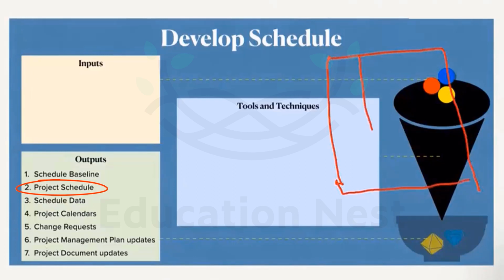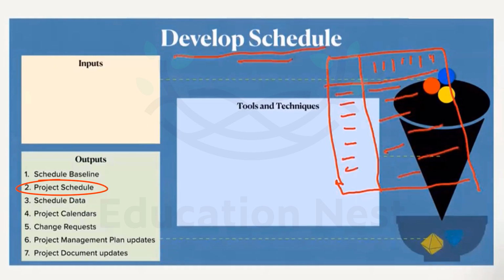So on the left side, you have the list of activities, and then in the other columns, we have months, January, February, March, something like this. And then we have the project schedule, right? So at the end of this activity, this chart has to be ready. This is called the Gantt chart.